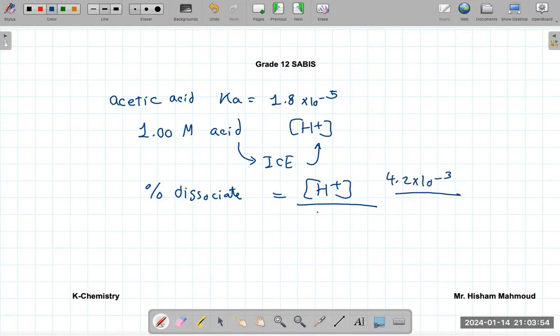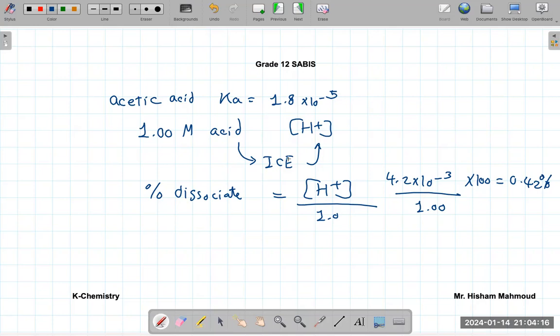And what is the initial? It was 1. So when you divide this by 1, it's just by chance 1, like the previous example, and you multiply it by 100, you get 0.42. So this is an even weaker acid compared to the other acid. The percentage dissociation is very weak.